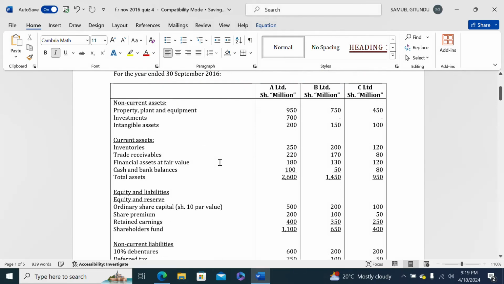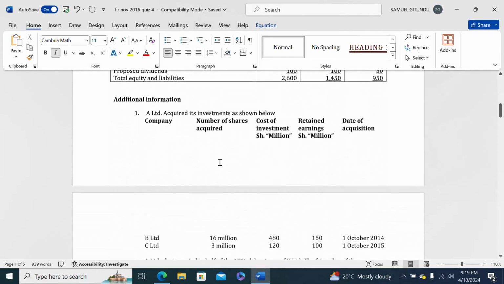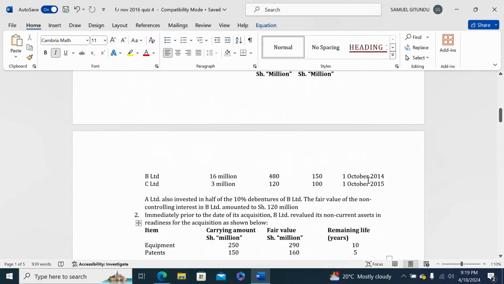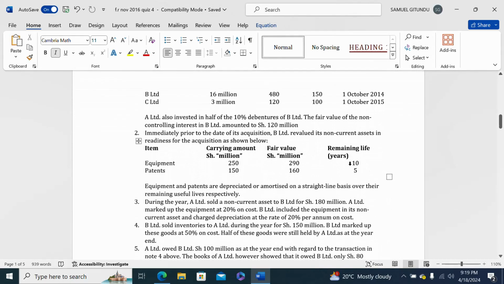So the depreciation undercharge is for 2 years. That is from 1st October 2014 to 30th September 2015, and from 1st October 2015 to 30th September 2016.